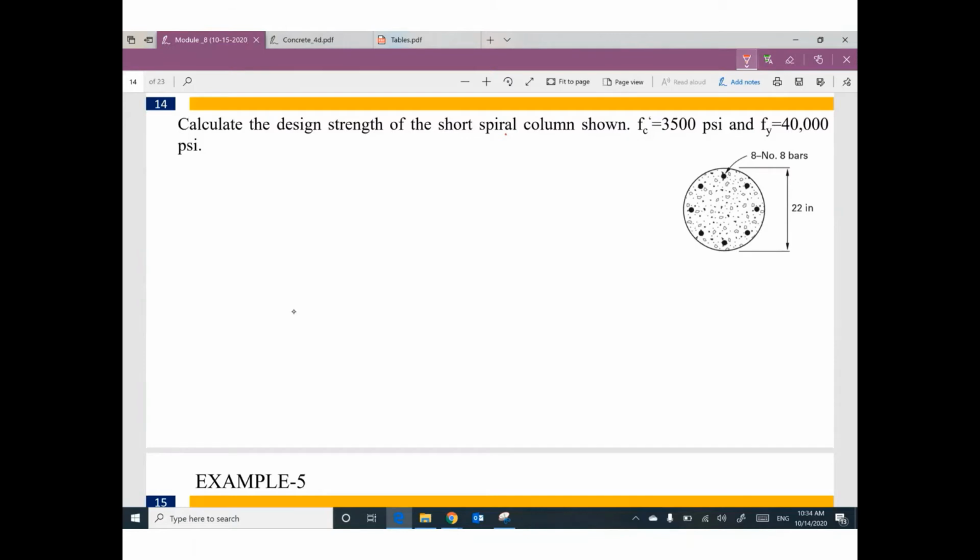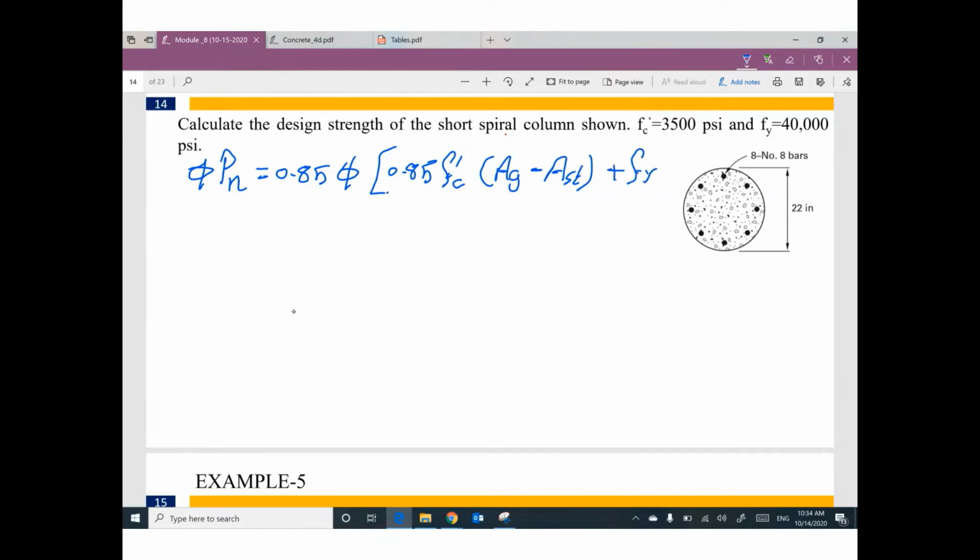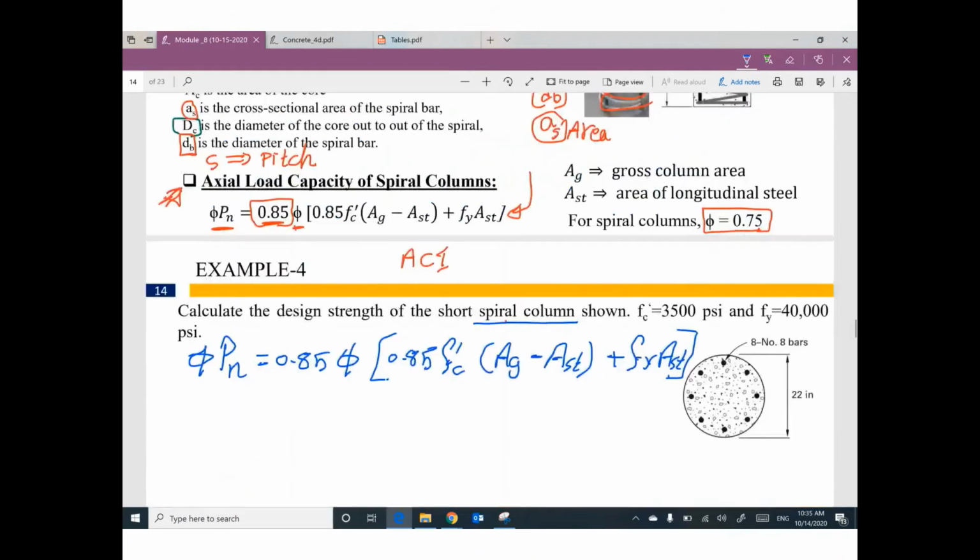Design strength for a spiral column: phi Pn equals 0.85 phi times (0.85 F prime C times (area gross minus area steel) plus F yield times area steel). One by one. This is the equation. Because you are talking about a spiral column, I'm going to use this equation.